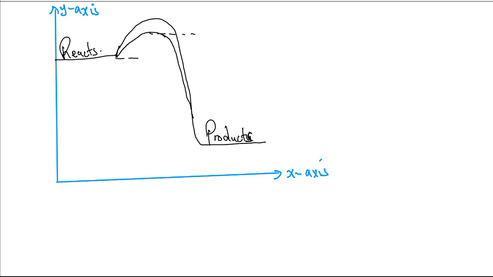So this is the activation energy of a catalyzed reaction.